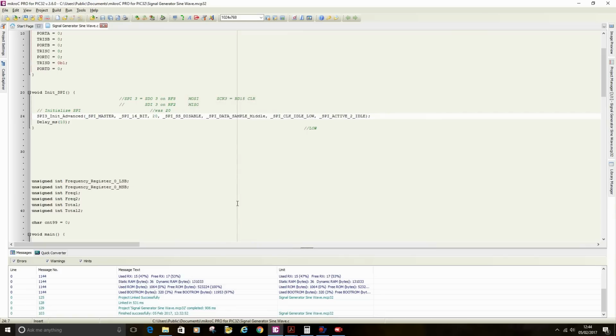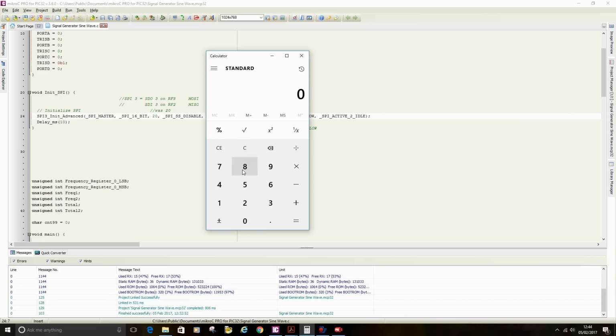So I go cancel, and then I'm dividing that by a further 20. So I'll bring up the calculator. So 80 megs divided by 8 equals 10 megs.